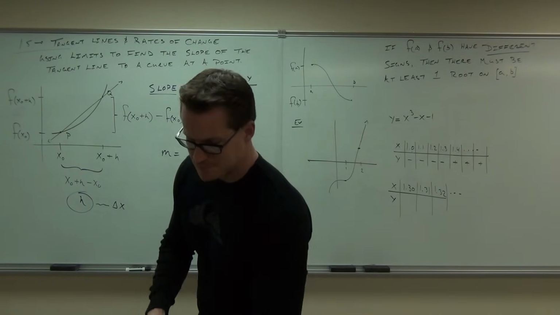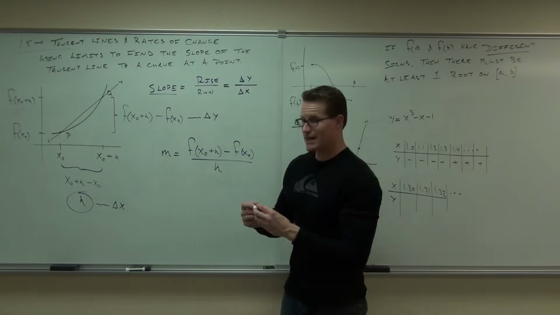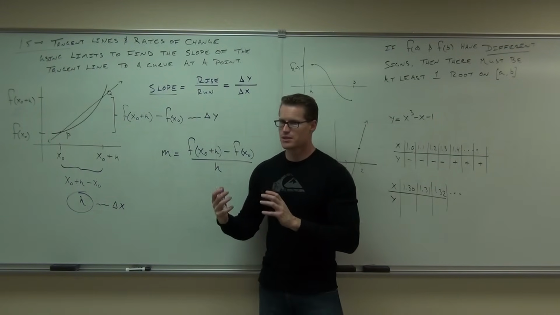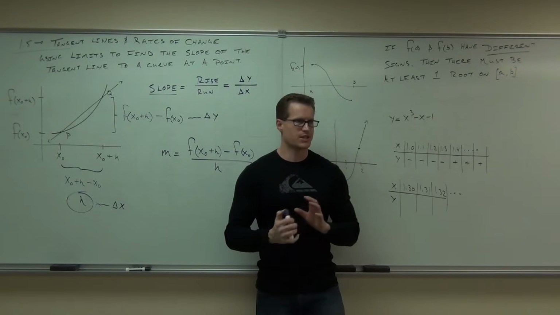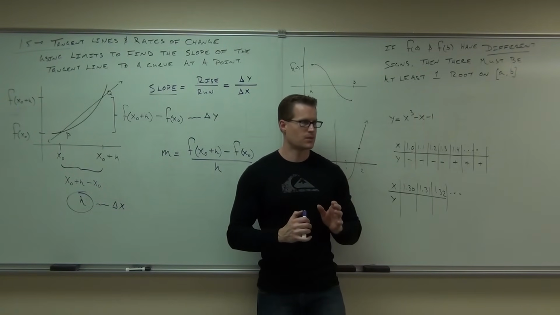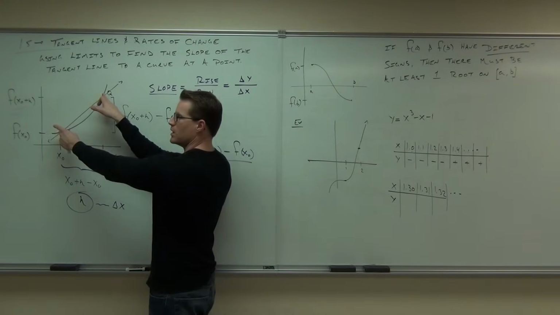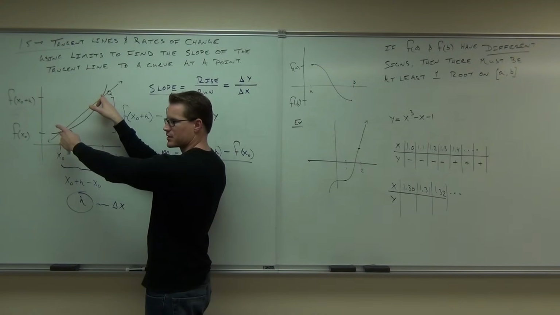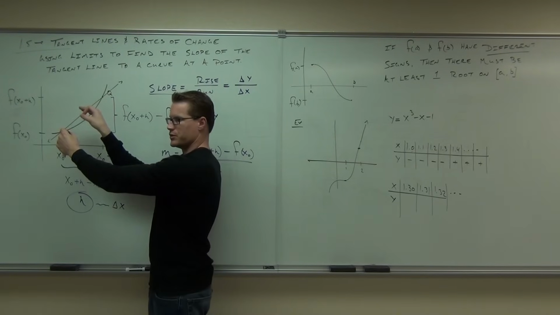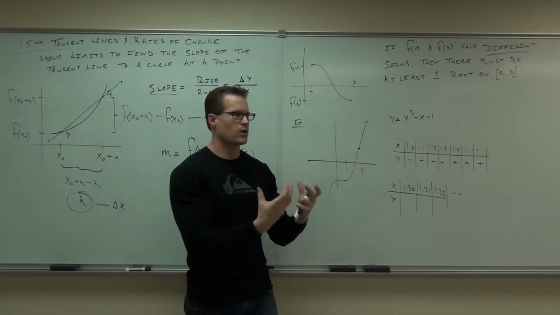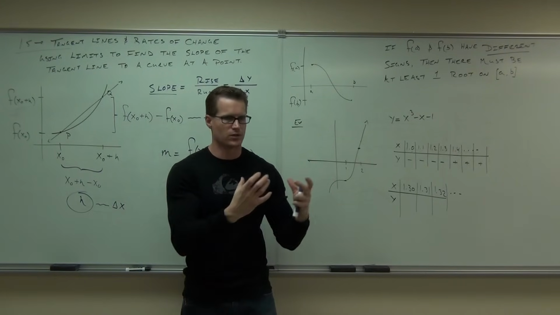Now here's the deal. What we've done right now is we have the slope, sure, but is it the slope of a tangent or the slope of a secant? Secant, yes. We have the slope between these two actual fixed points right now, yes? What we want to do is just what we did the first couple days of this calculus course, not the review, but the calculus part of this.